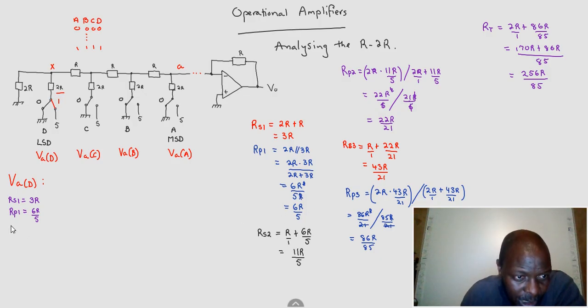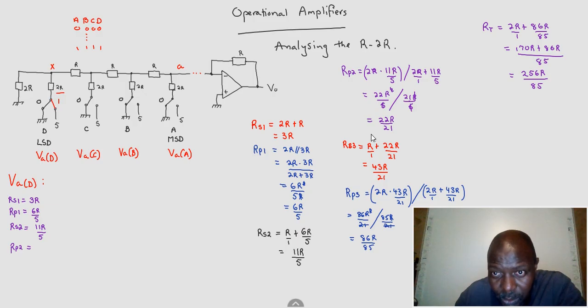Then R series 2 was 11R over 5. R parallel 2 is 22R over 21.